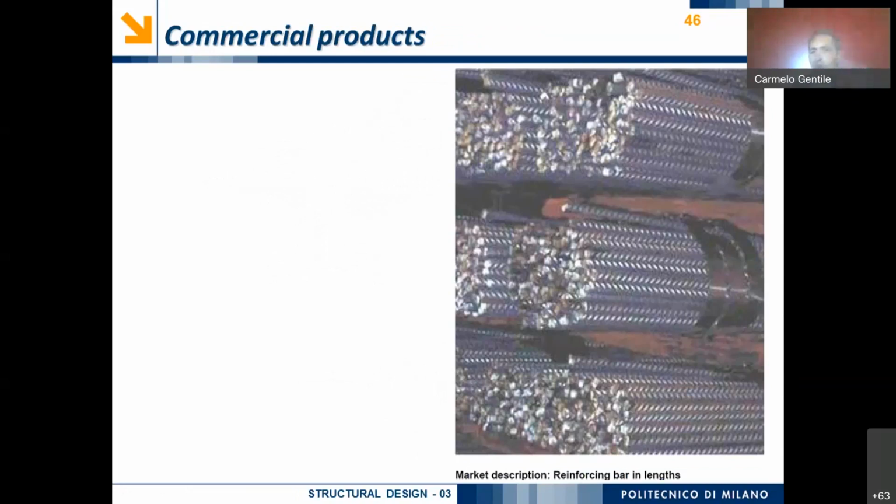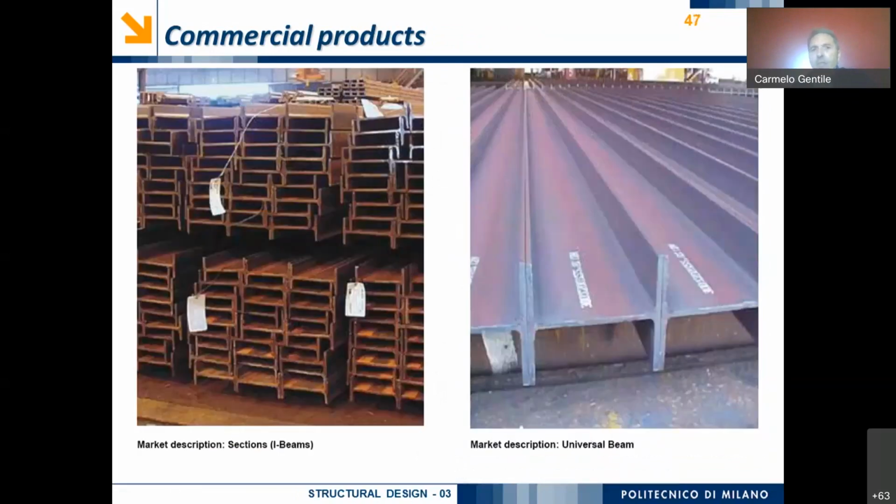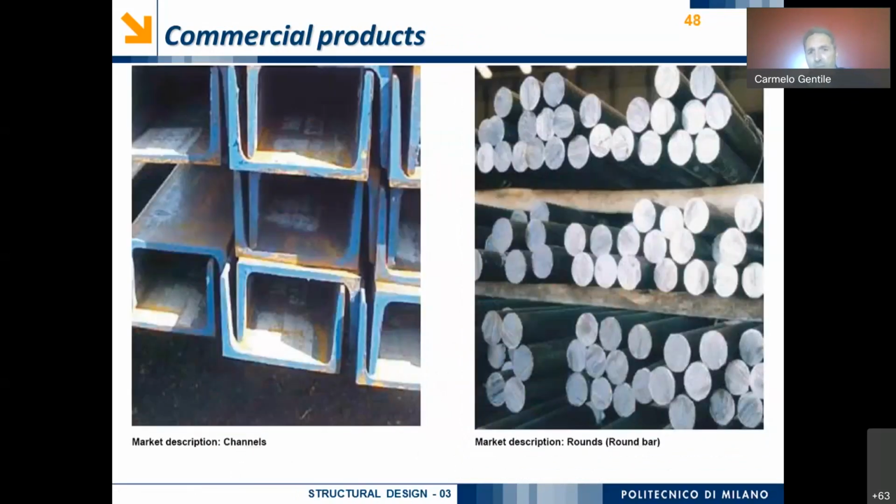And I can show you various kinds of industrial production. For example, this is typical steel for reinforced concrete. These instead are pictures of typical production of I-beams or universal beams, which are still a kind of I-beam. Again, for example, we have C-shaped beams or channels.